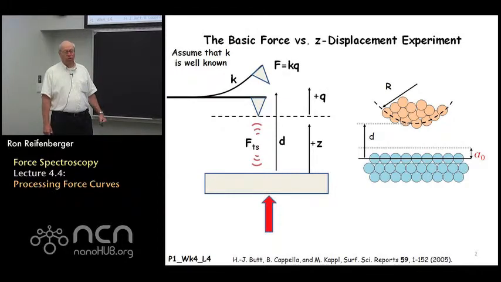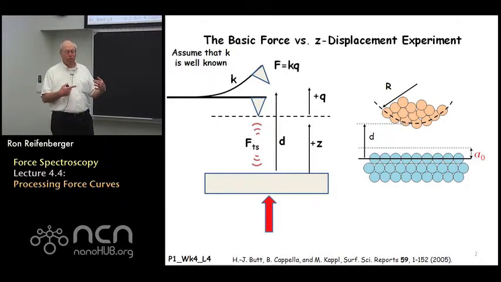As you approach the substrate to the tip, these tip surface interactions start to take place. These tip surface interactions cause the cantilever to deflect. The positive deflection, pos-q, is indicated in this diagram. And the interesting interaction forces are, of course, a function of this parameter d.